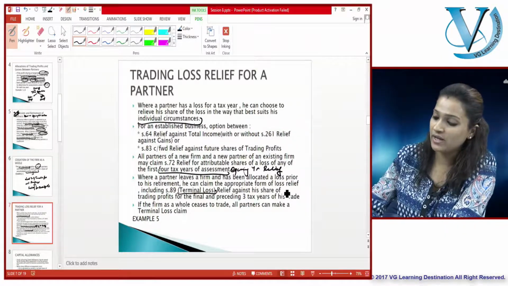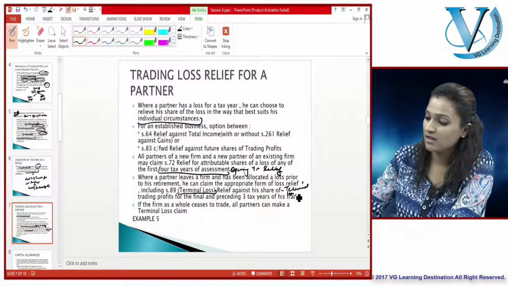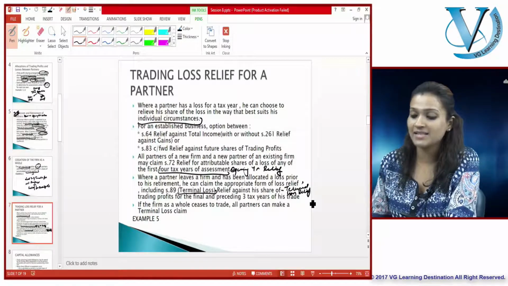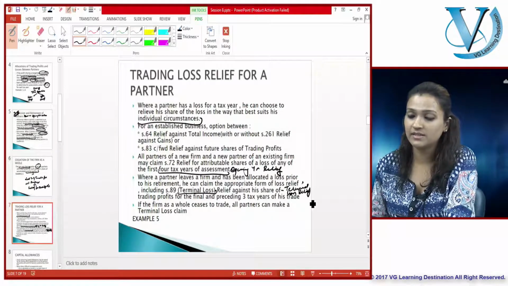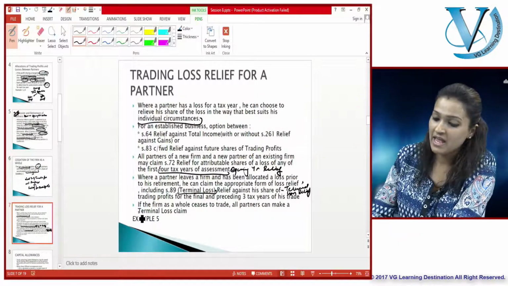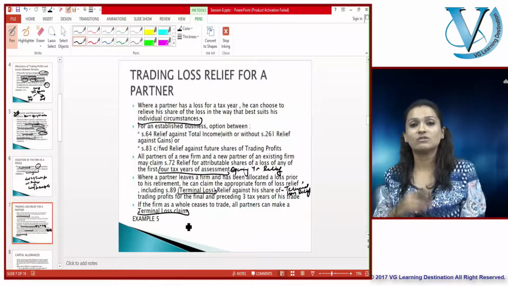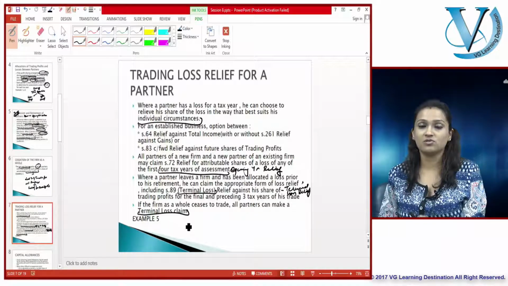So basically, you can claim a terminal loss relief as well. If the partners as a whole cease to trade, all partners can make a terminal loss claim. Why? Because the firm itself has now ceased to trade. So it's a terminal loss relief option available for all the partners of the firm.